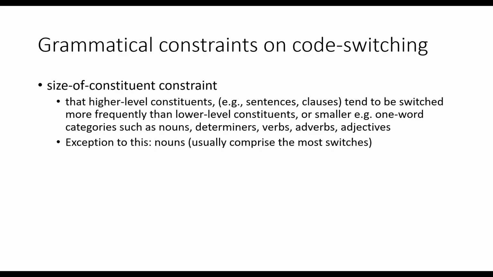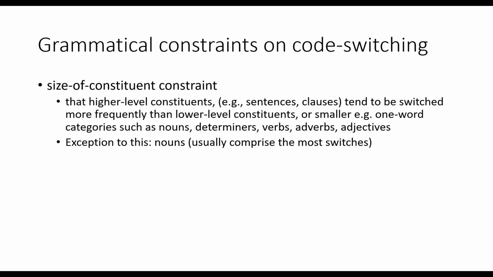So one word categories such as nouns, determiners, adverbs, verbs, adjectives, those are less likely to be switched than an entire sentence, right? And the exception to this is nouns, because nouns are a bit promiscuous. They're everywhere, they do everything, and they comprise most of the code switches. Okay, but typically we have a size of constituent constraint.